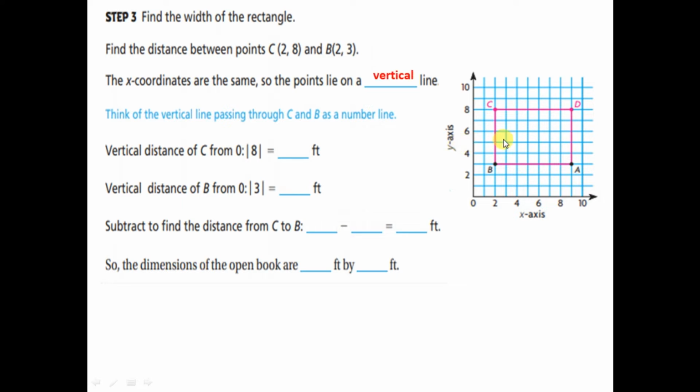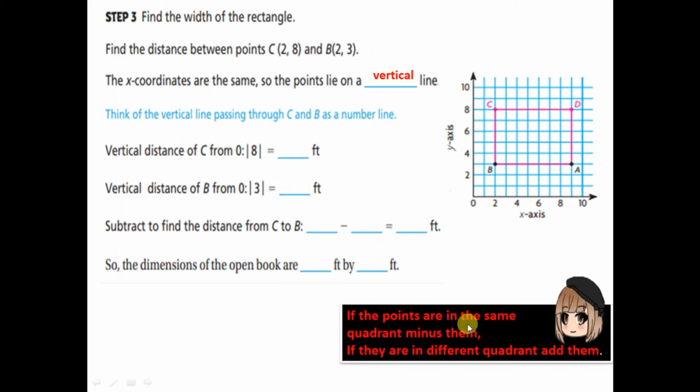It is a vertical side, so we will measure it from the y-axis. And we also use the same rule. If the 2 points are in the same quarter or the same quadrant, minus them. If they are in different quadrants, add them. So let's see. They are in the same quadrant, so we will minus them.